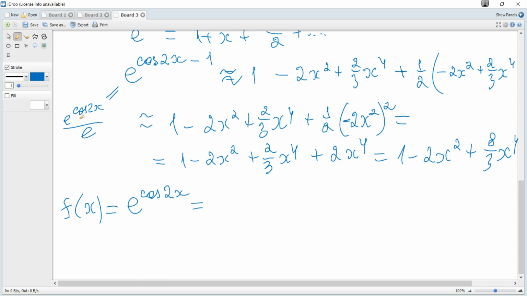And hence e to the power of cosine of 2x becomes e multiplied by this series. So we can write that it is approximately equal to e times 1 minus 2x squared plus 8 over 3 x to the power of 4.